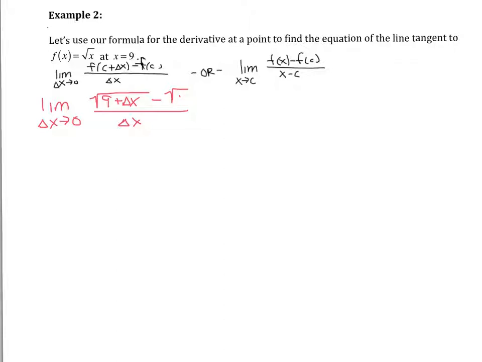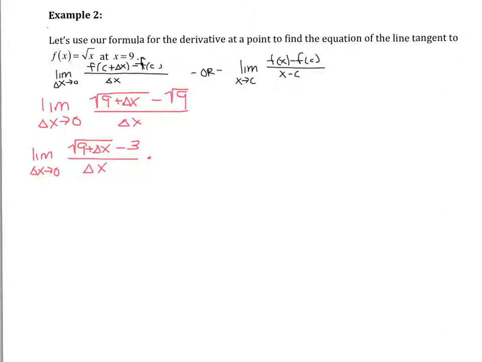Okay, so now we have the limit as delta x approaches 0 of root of 9 plus delta x minus 3 all over delta x. And we know that if we do direct substitution, we would get 0 over 0. So, well, we know what to do with that, right?